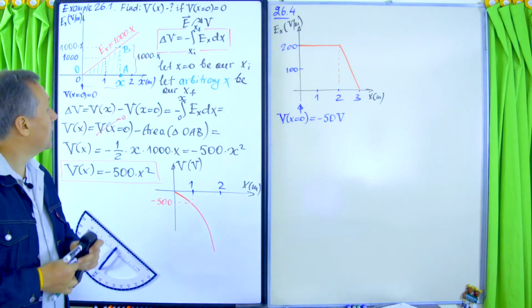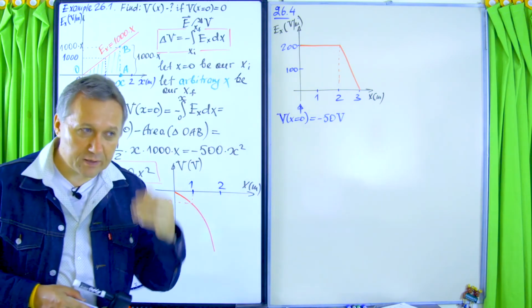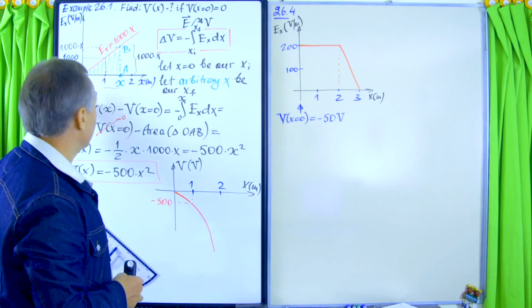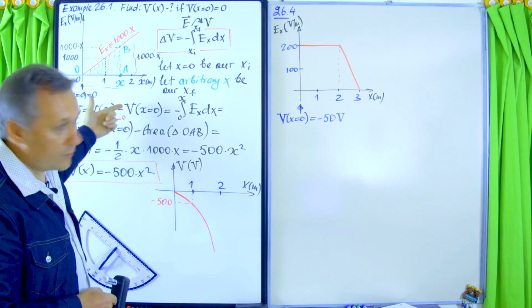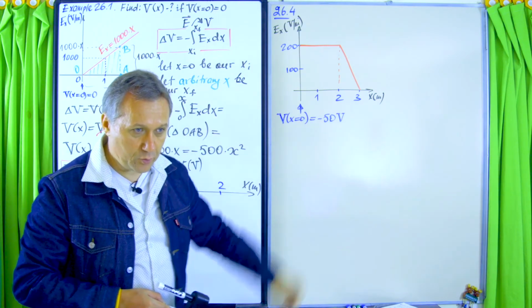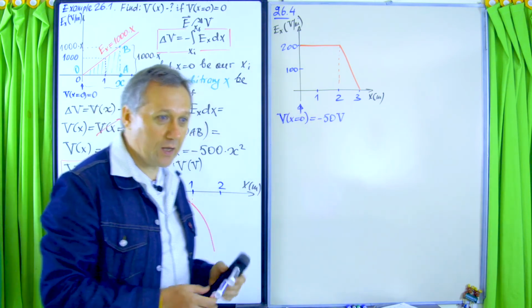Again, you see the difference between this problem and the conceptual question which we discussed, where the value of the potential at a certain point was 0. Now it's negative 50. So we need to be careful with those additional terms which now appear.